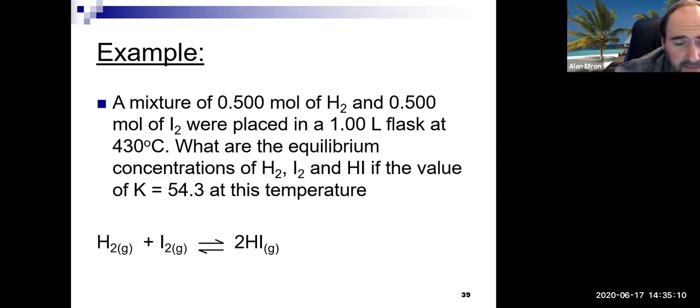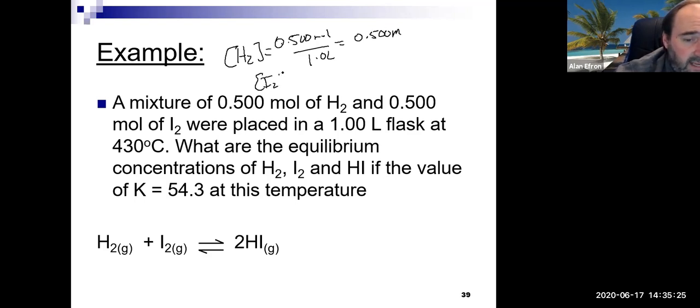So that means the concentration of H2 would be 0.5 moles per 1 liter, which is 0.5 molar. And our I2 would be the exact same: 0.5 moles over 1 liter, giving us 0.5 molar.